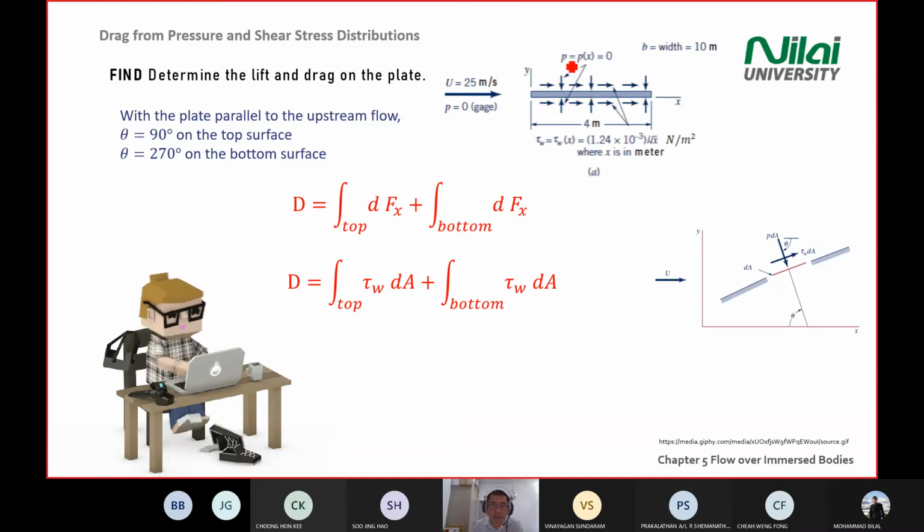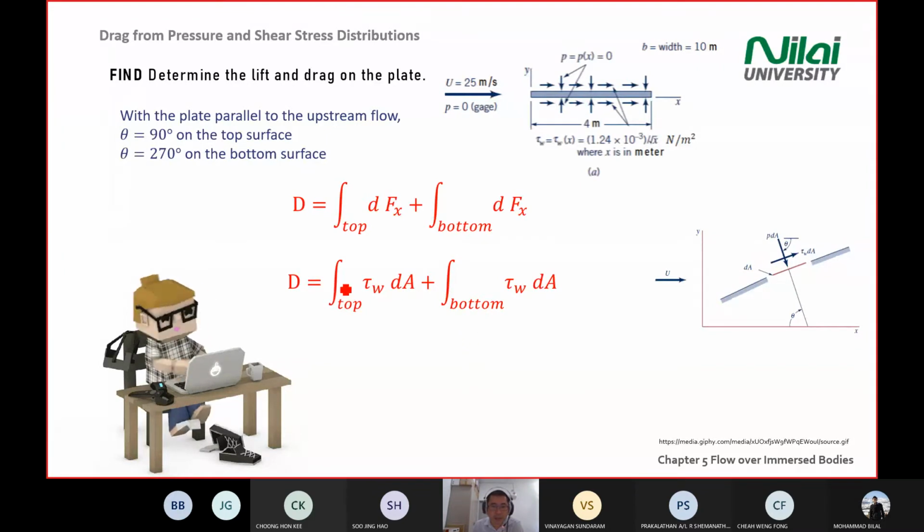And from the diagram, you can see the component of your pressure is also perpendicular to the upstream, so we don't have drag force. Your drag is always parallel to the upstream. So you have shear stress times dA, top and bottom.